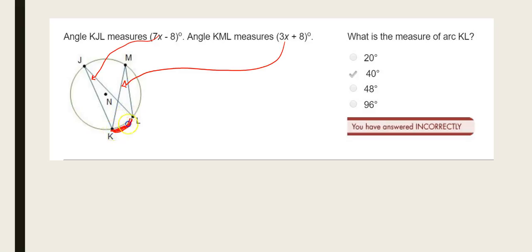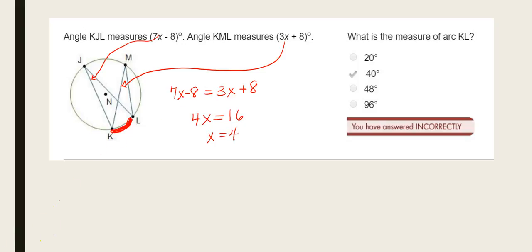Notice that both angles share the same arc, which is KL. Since the angles both share the same arc, that means that the angles are actually equal to each other. So we want to set those two angles equal to each other and solve algebraically for that value. So I get 4x equals 16, so x is equal to 4.